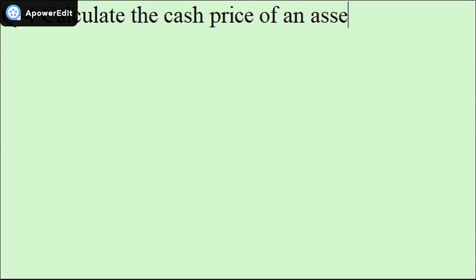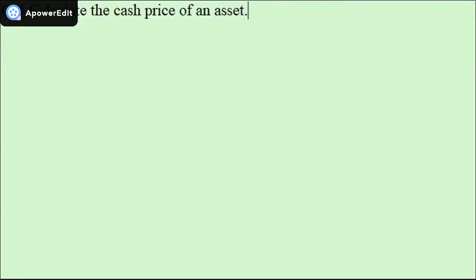So, question number 4. Calculate the cash price of an asset. Down payment rupees 4,500.